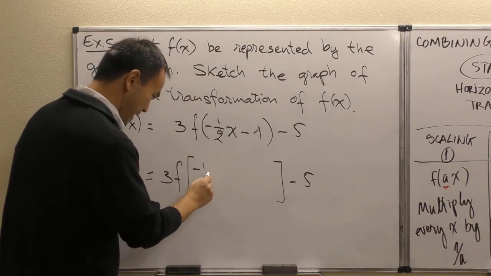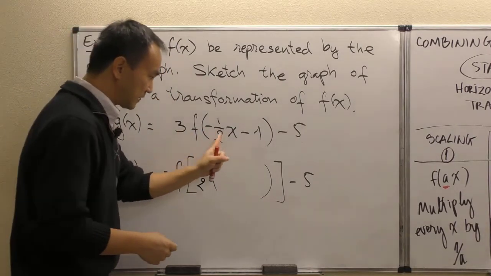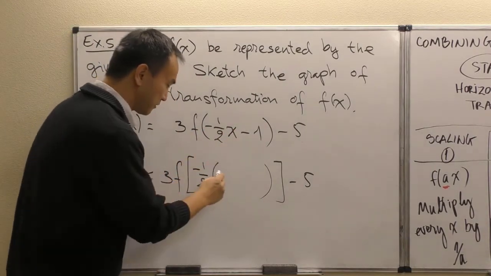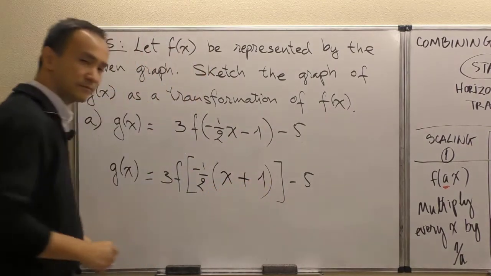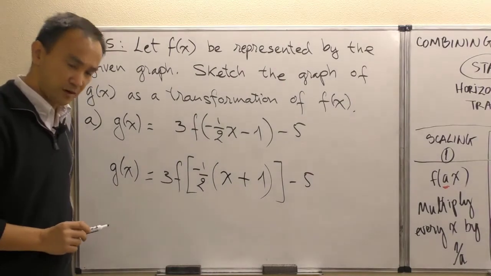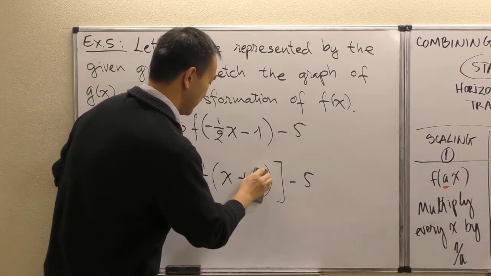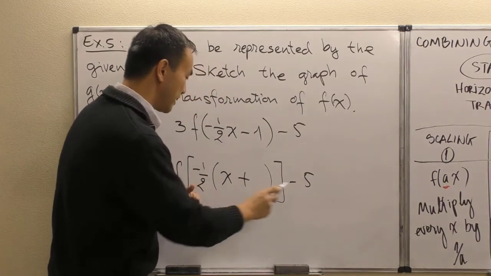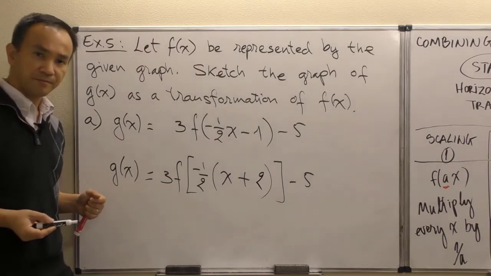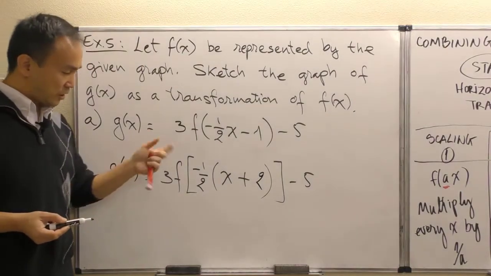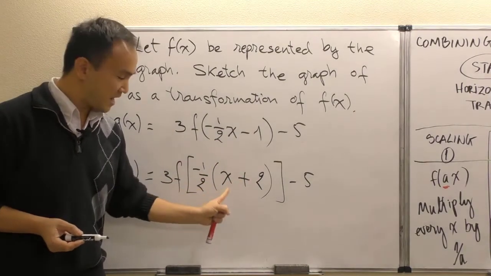So factoring out that negative 1/2, I'm going to have these two terms left behind in parentheses as x plus 1. As a matter of fact, I just had a miscalculation, x plus 2 indeed. So minus 1/2 factored out, and consequently we ended up with x plus 2.